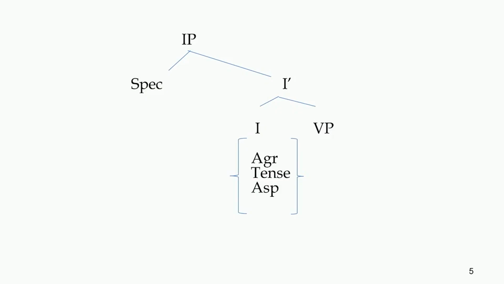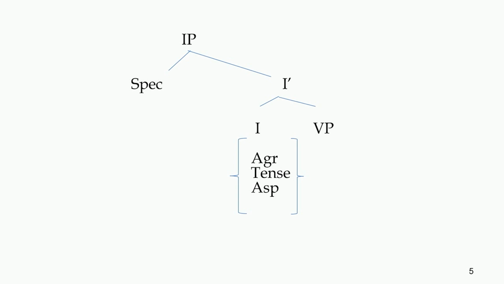This clearly shows you that all elements like agreement, tense and aspects are part of I. This is an important part of the structure of sentence. This is an important thing for us to understand. We probably won't go into the details of this, but this has led to further advancement in the study of language.